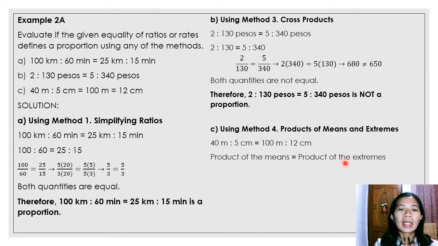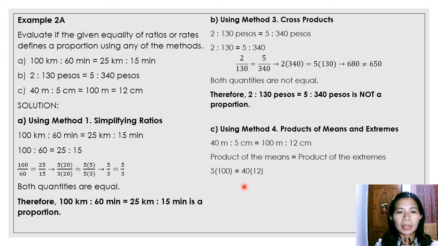So we will get the product of means and equal to product of extreme. So what are our means and extremes? Our means is 5 times 100, and our extreme is equal to 40 times 12.